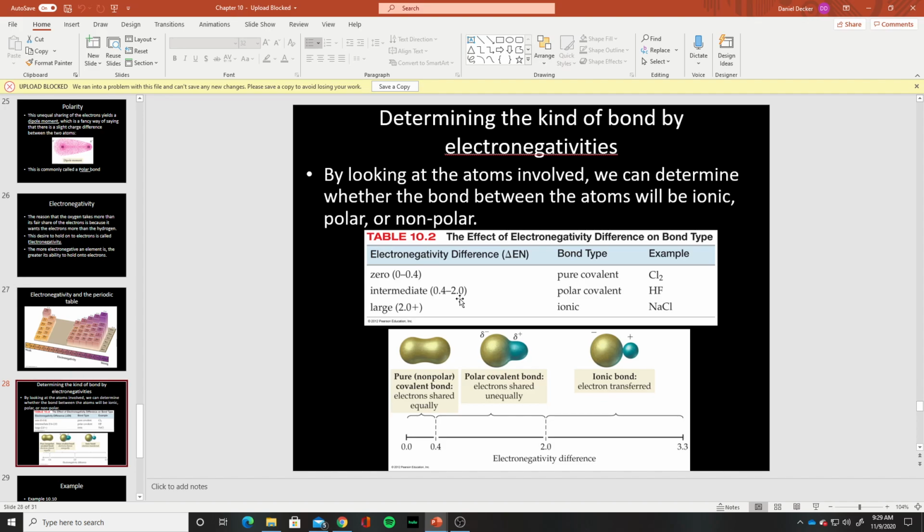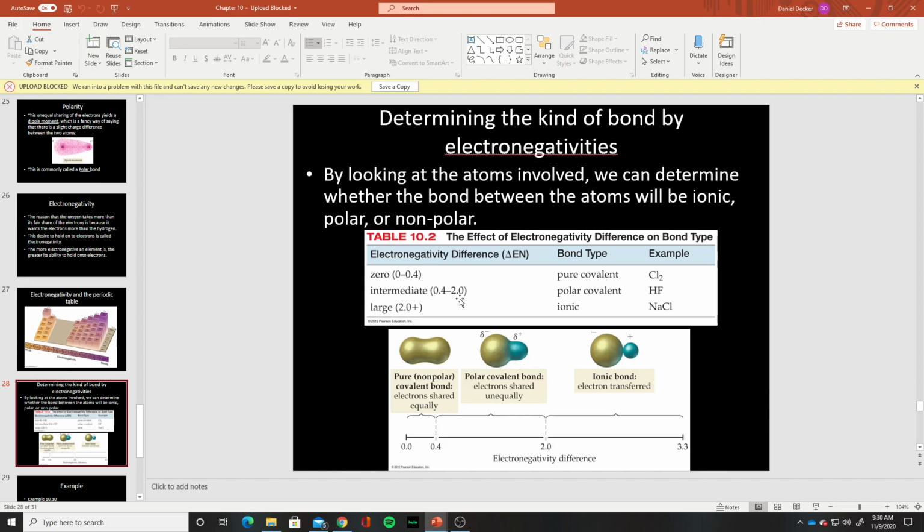And if the difference is 0.4 or less, that is considered nonpolar. So I expect you to be able to tell, and if I remember correctly, a few of the questions that I put in are just as simple as that. Just, you have this atom bonded to this atom, is that a polar bond? And so you need to be able to answer questions like that.